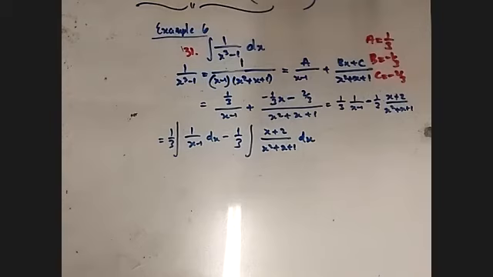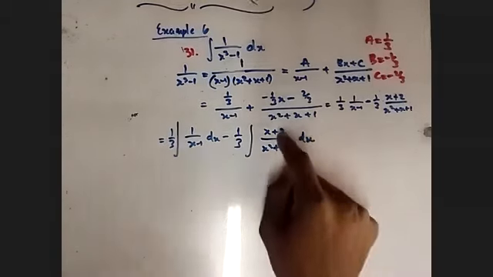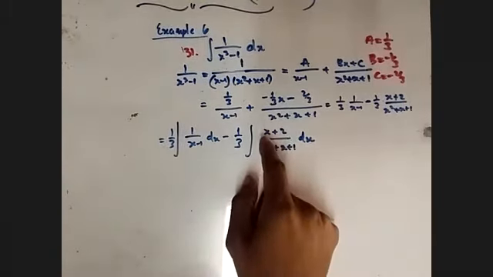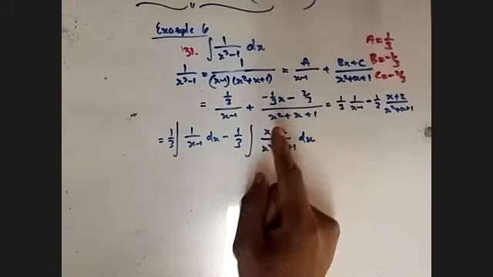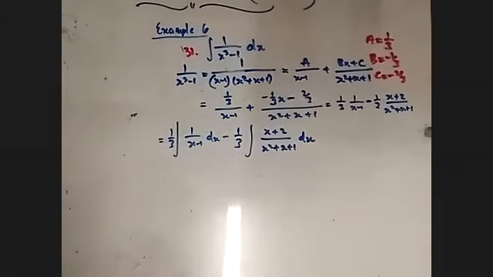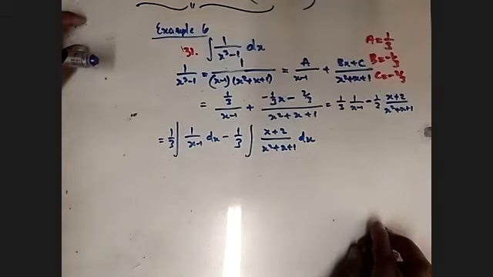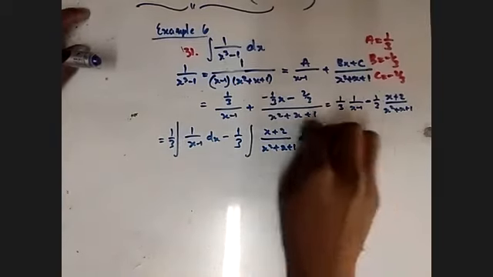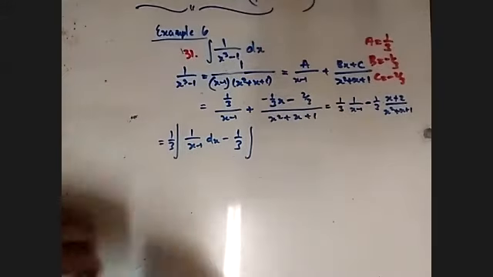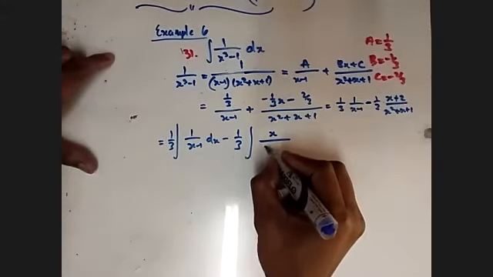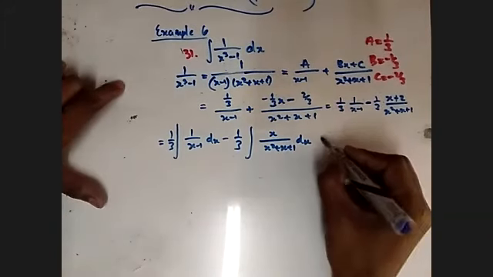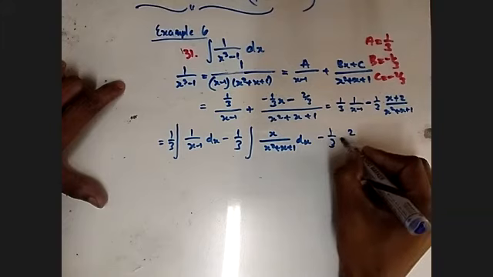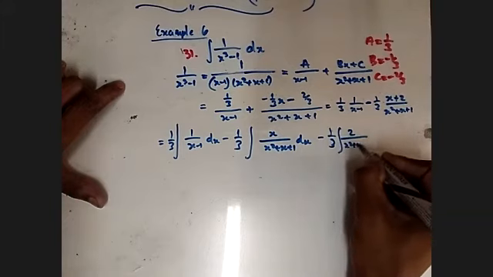There is a lot here, but I feel like I should separate it. So I have the integral of x over x squared plus x plus 1 dx, then minus 1/3 times the integral of 2 over x squared plus x plus 1.